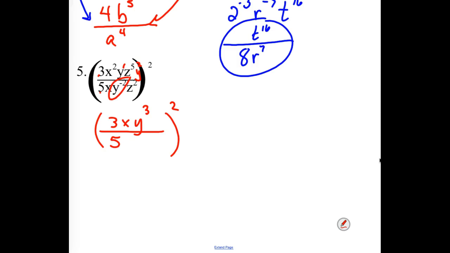If you followed the rule of subtracting, you're still going to get 3 because we subtract the powers. 1 minus a -2 is really 1 plus 2. Does that make sense? Okay. And then for the z's, we had 5 in the numerator and 2 in the denominator. So we have 3 left in the numerator. All right, take a minute and go ahead and square that now.